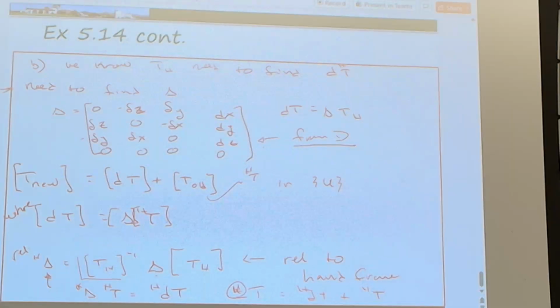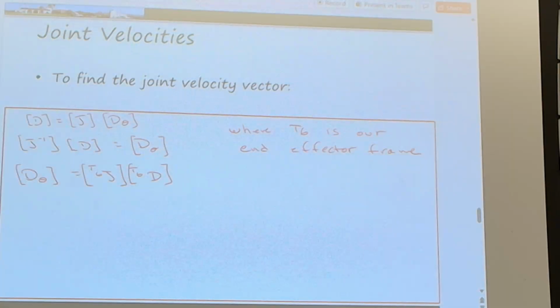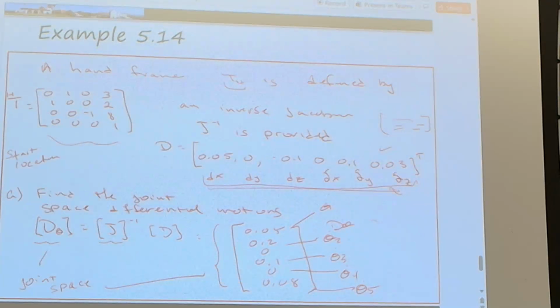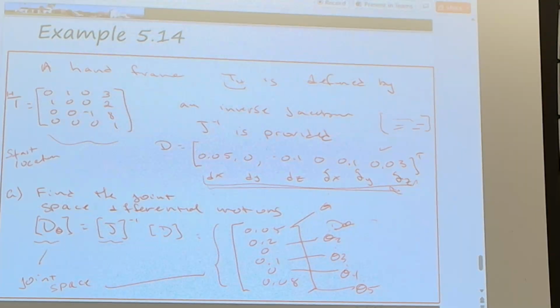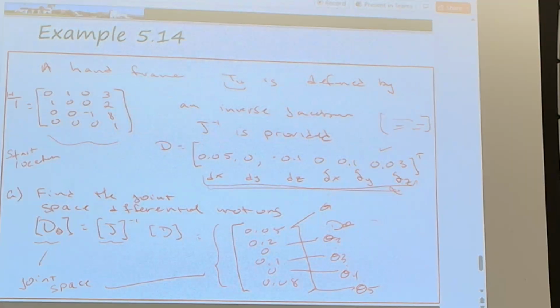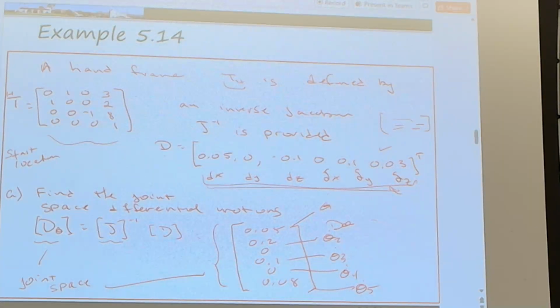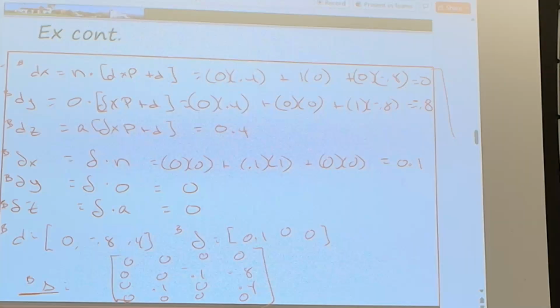Or you could do it the long way, like we did back over here, where we went through and found the cross product of everything we did right here. That's the other way of doing it. I like this one. I can do that, and then by inspection, I can extract this particular vector of velocity, because it's exactly from this one right here.